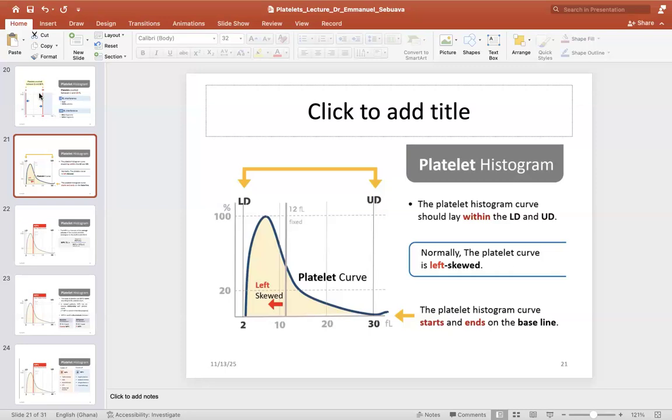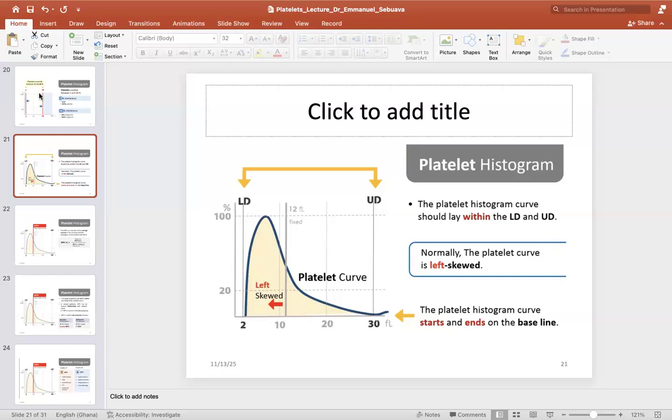When you have that, your curve, I think it's the Gaussian curve we call it. For the platelet graph, it's not all that Gaussian, like a perfect bell shape. It is almost shifted to one side.